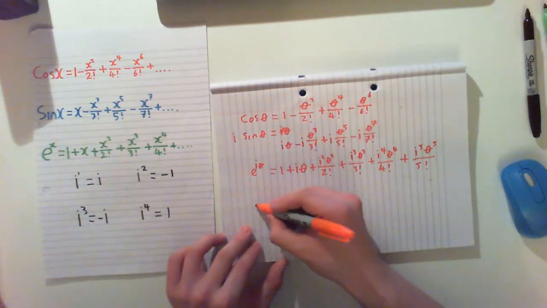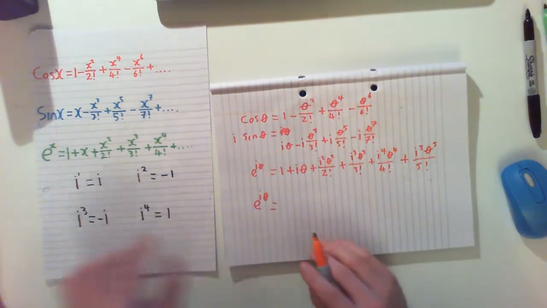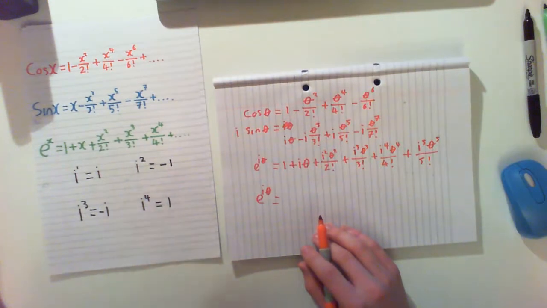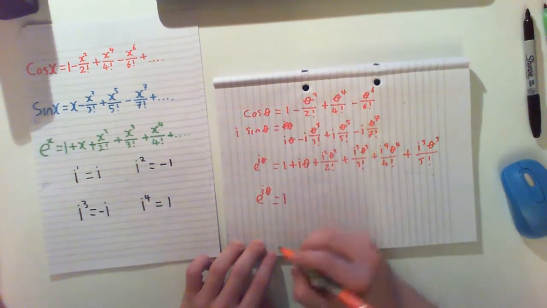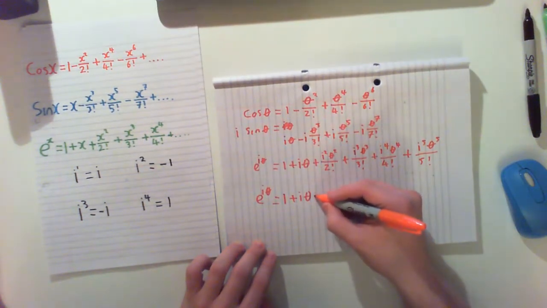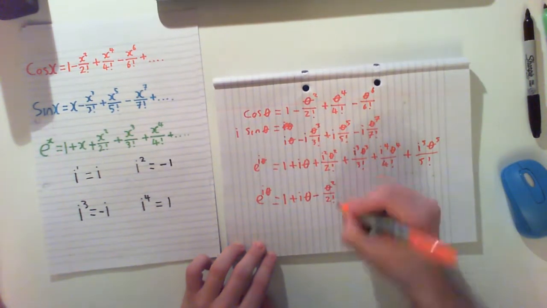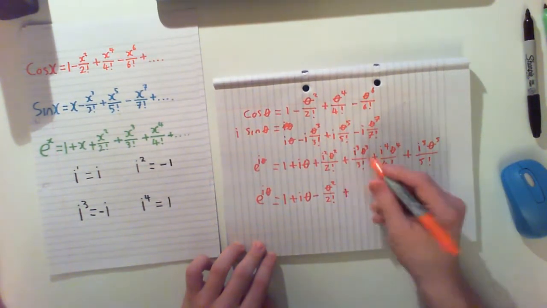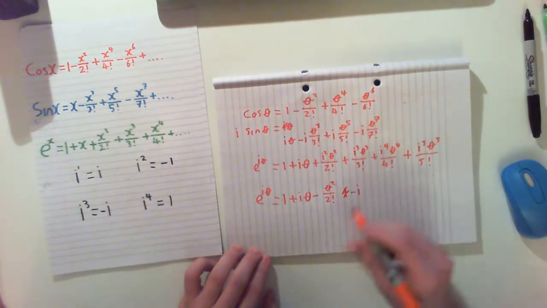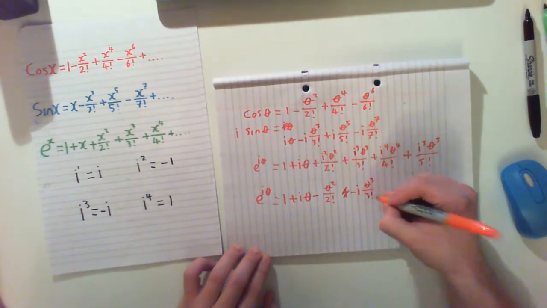So then we can rewrite e to the i theta now, remembering our series going through i being i, minus 1, minus i, 1. So we go 1 plus i theta, then we have i squared, so that's minus 1, so minus theta squared over 2 factorial. Plus we have i to the 3, so that's minus i, so we can get rid of our plus sign and say minus i theta cubed over 3 factorial.